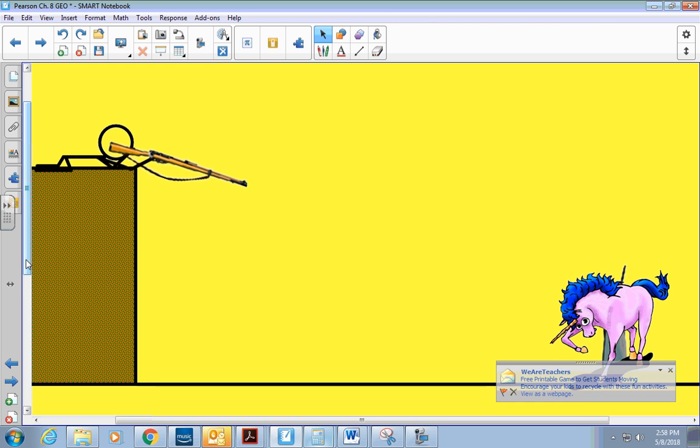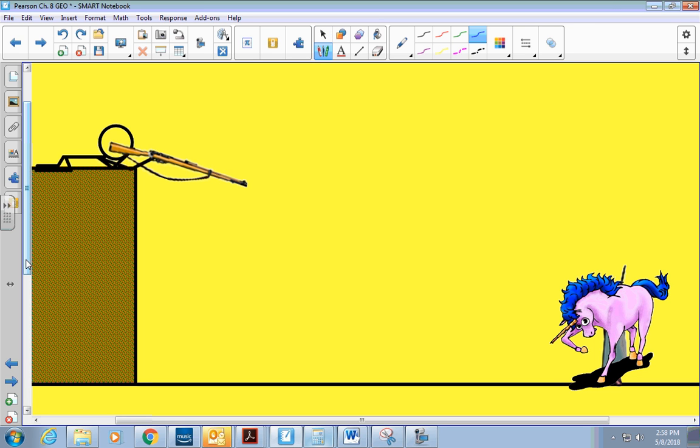Anyway, we're gonna snipe this little unicorn right here. He is positioned on the edge of a cliff. So this is an example of angle of depression. He is looking down, so we're going to draw a line here.